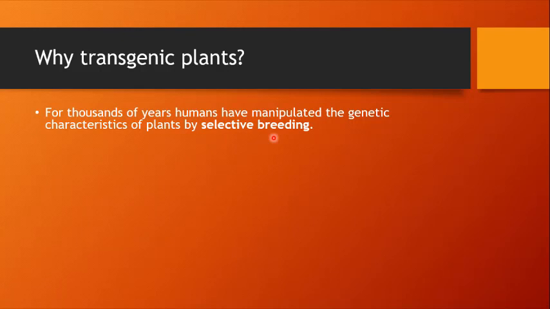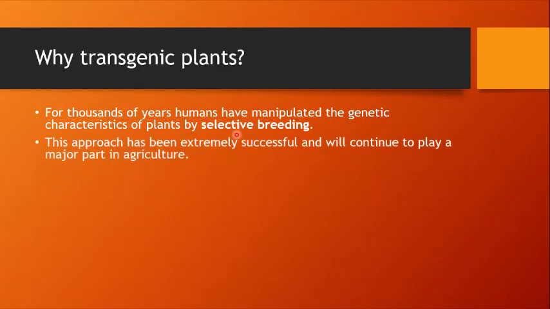So that was the process of selective breeding. They knew nothing about DNA, heredity, or genes, but they did selective breeding and got the desirable trait. This particular approach has been extremely successful and will continue to play a major part in agriculture.